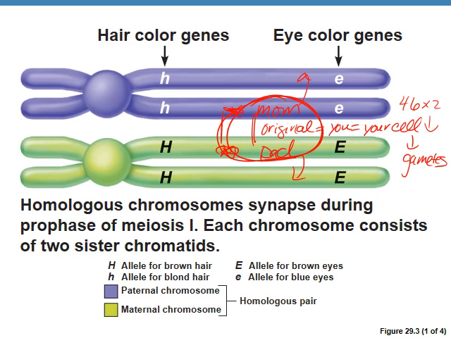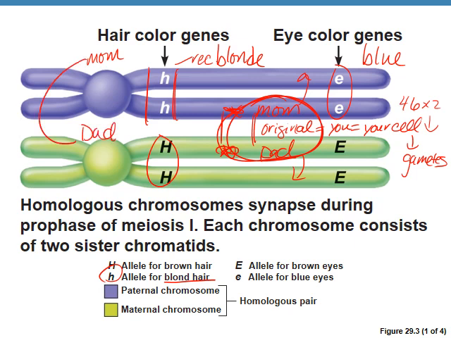We copy everything. So here, your mom has recessive hair color and it's blonde. So recessive blonde hair. And mom has blue eyes. Dad, these were your parents.